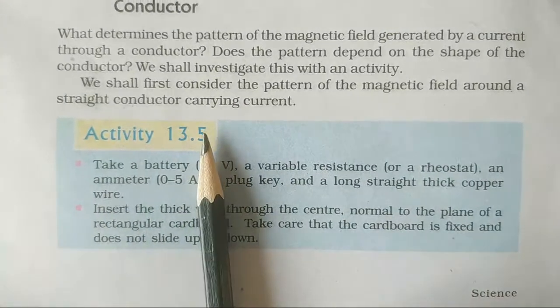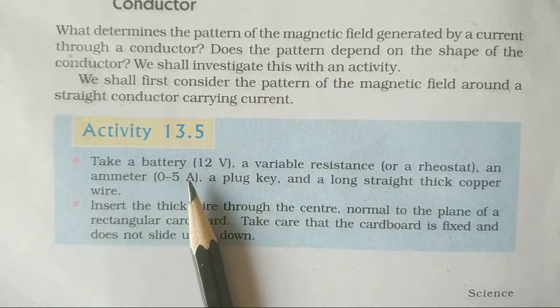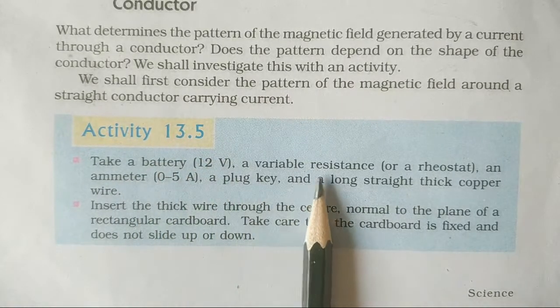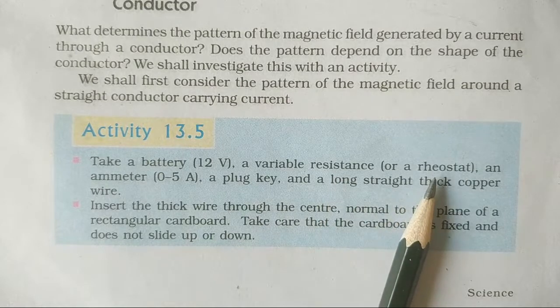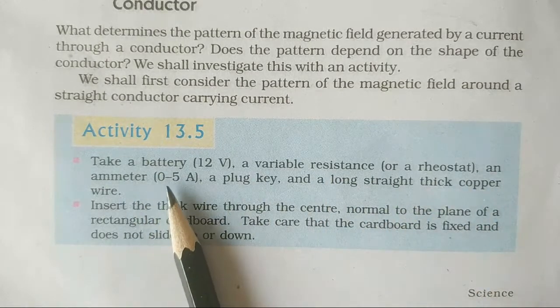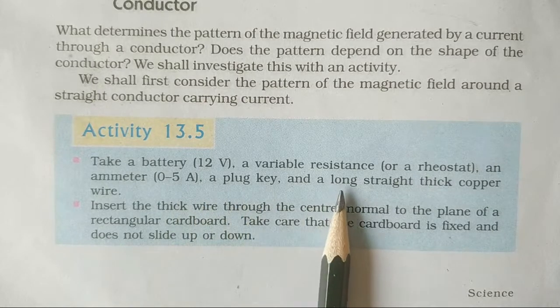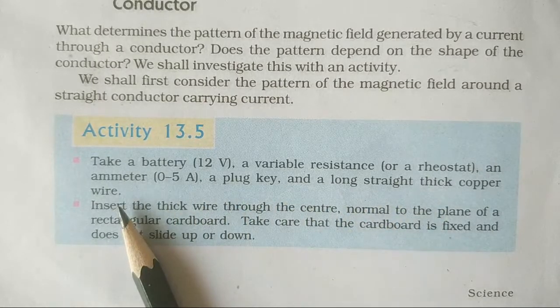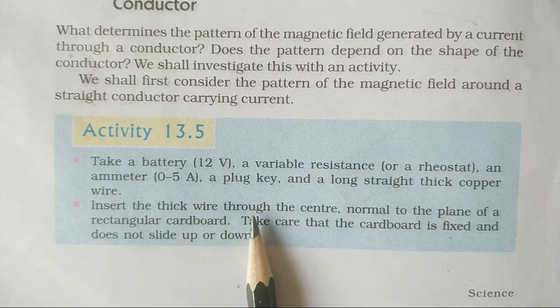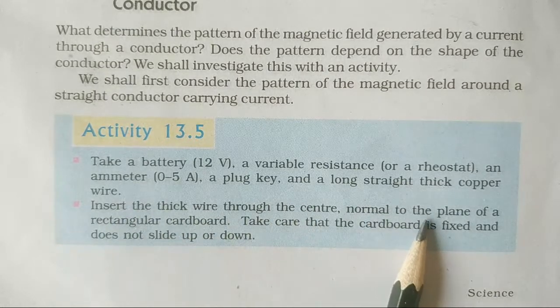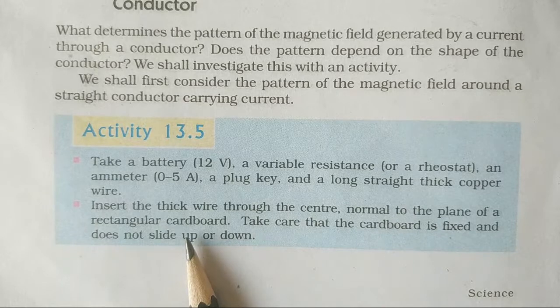Activity 13.5. Take a battery of 12 volt, a variable resistor or a rheostat, an ammeter of 0 to 5 ampere, a plug key and a long straight thick copper wire. Insert the thick wire through the center, normal to the plane of a rectangular cardboard.